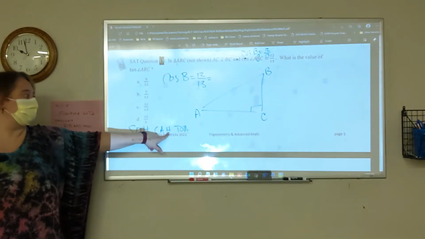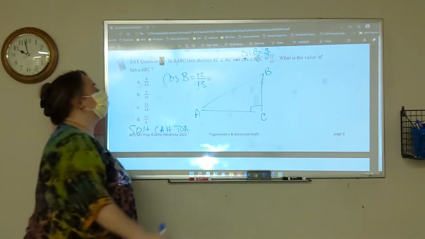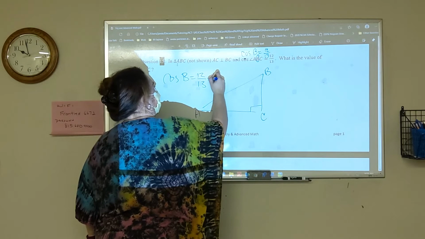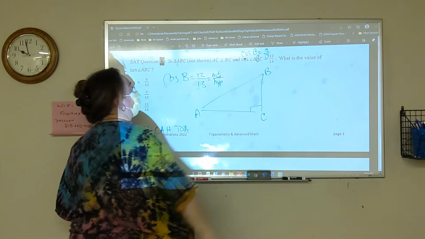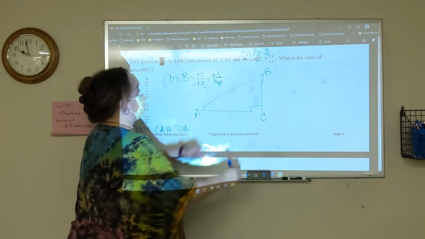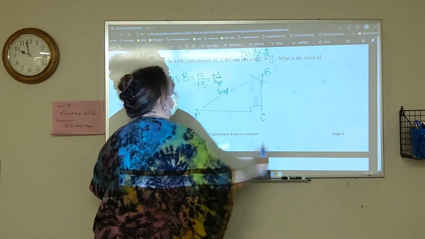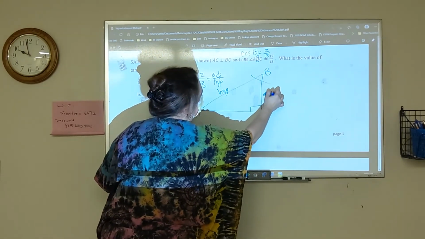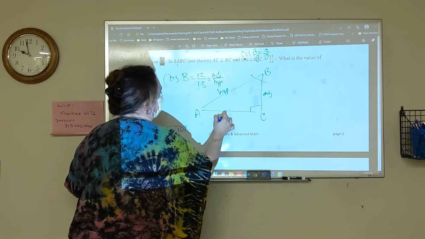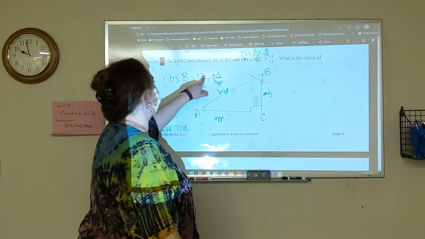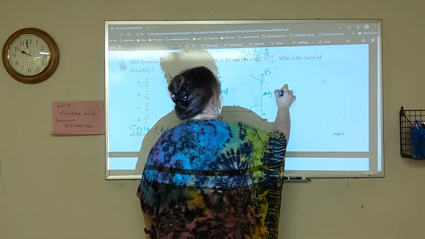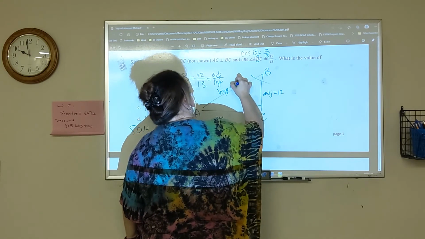Cosine is adjacent over hypotenuse, A and H. So adjacent over hypotenuse. All right, let's label those sides. Across from your right angle is your hypotenuse. Now I'm dealing with B. I'm dealing with this angle. So that makes my adjacent the guy next to it, and my opposite the bottom. So my adjacent is 12. My hypotenuse is 13.